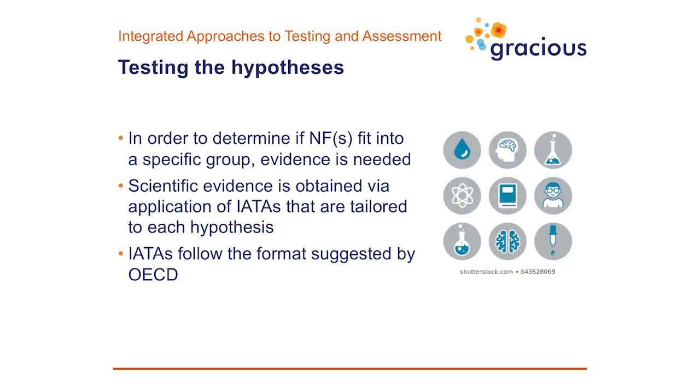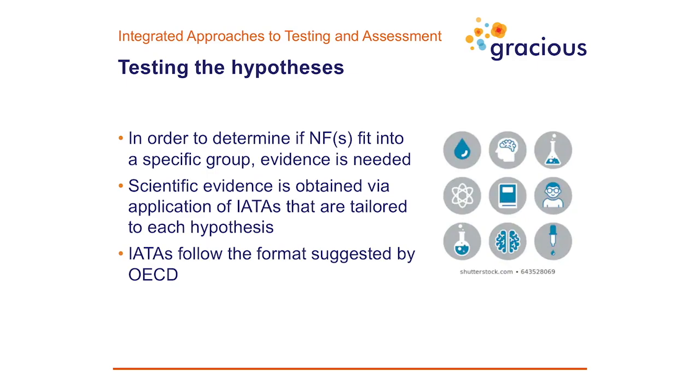So once you've got your suitable hypotheses identified, then you need to test those hypotheses. The framework provides some tailored integrated approaches to testing and assessment that take existing information or existing data, testing and modelling, and combine them in an appropriate way to test that hypothesis in a very tailored way so that you're only gathering the information that you really require.